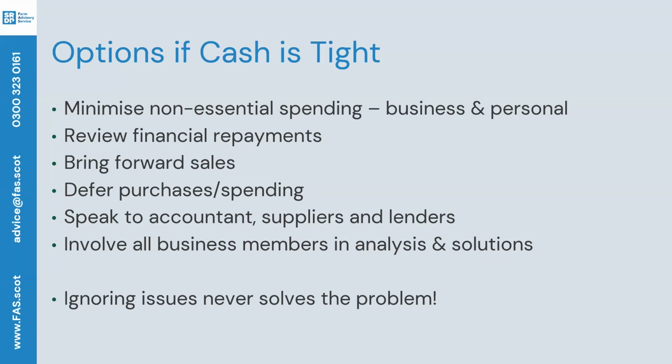Speak to your accountant, speak to any financial advisors, but speak to your suppliers and lenders as well. If you go proactively and say that I need more time to pay these bills, or I need to consider my options here in terms of cash availability, it's a much easier conversation at a planning stage than it is 6 months down the line when you're already on that hard line and you need an immediate solution.